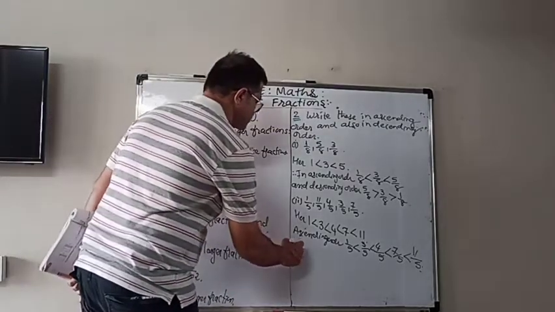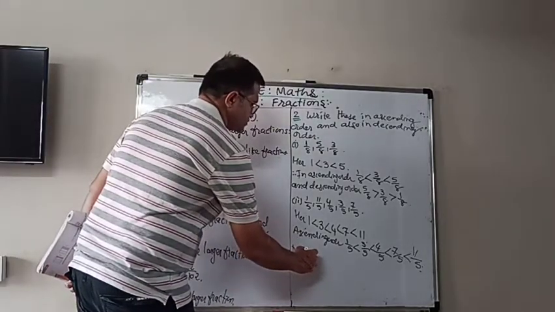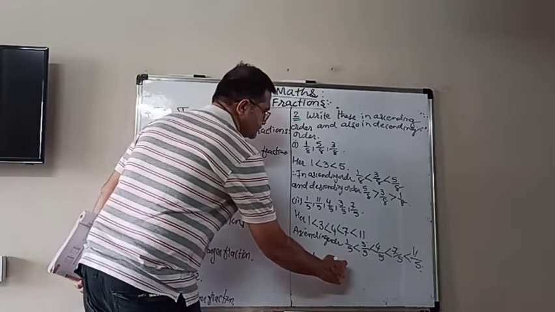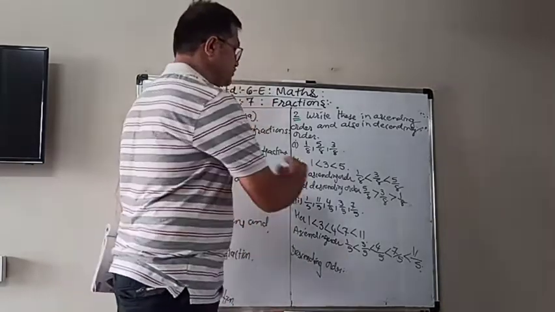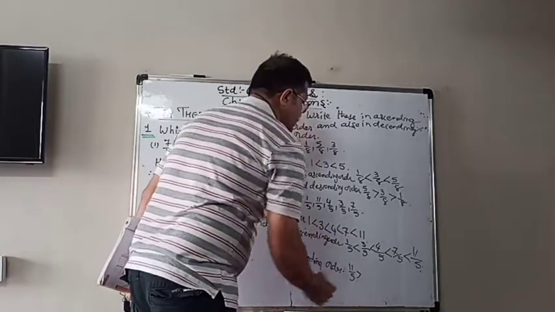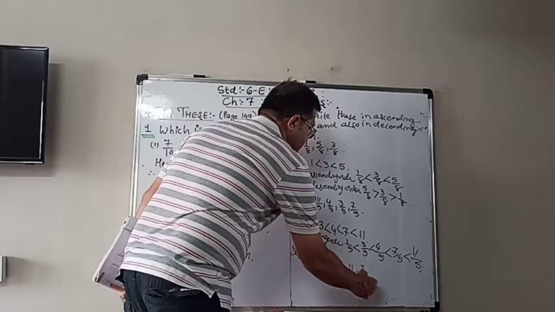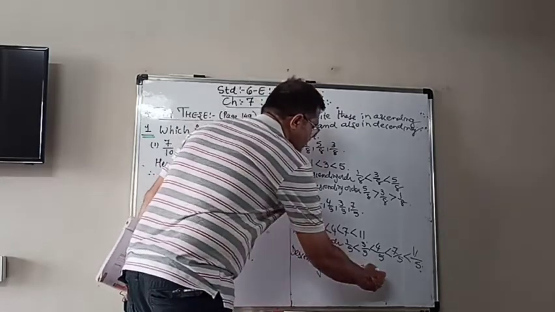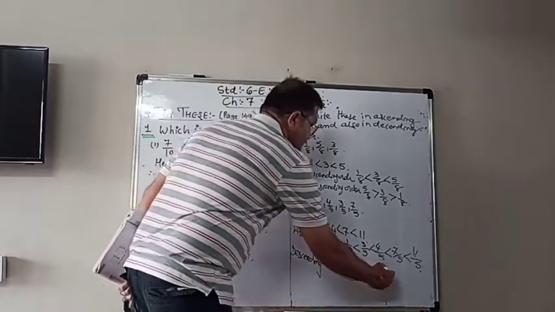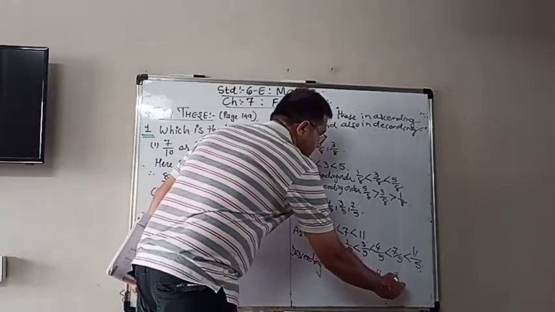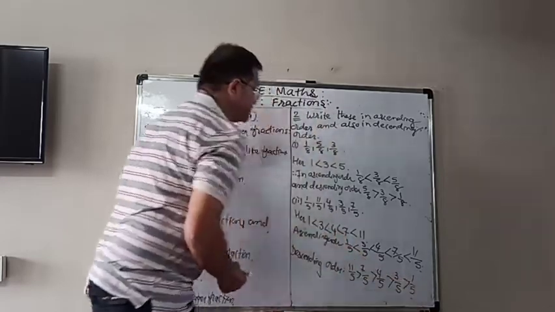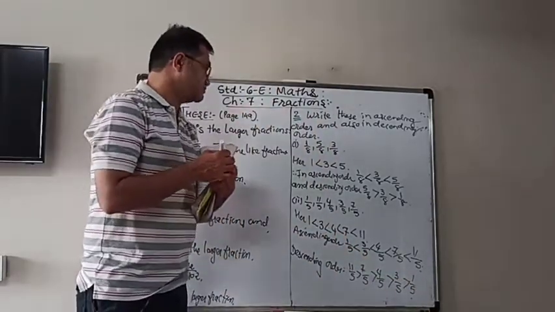And for descending order we just write it in reverse: 11 upon 5 greater than 7 upon 5 greater than 4 upon 5 greater than 3 upon 5 and greater than 1 upon 5.